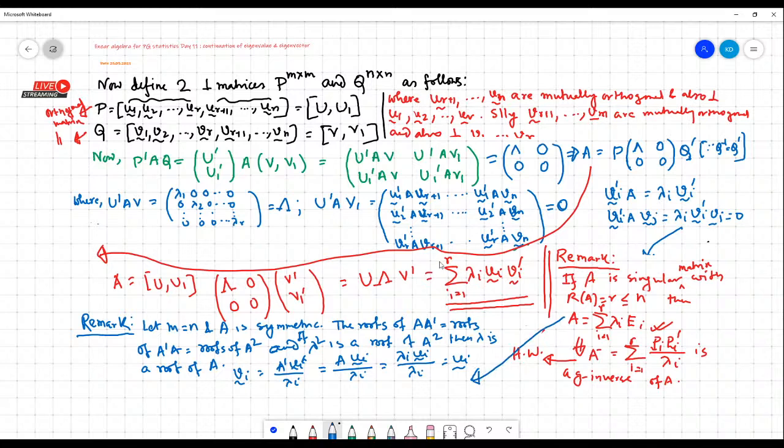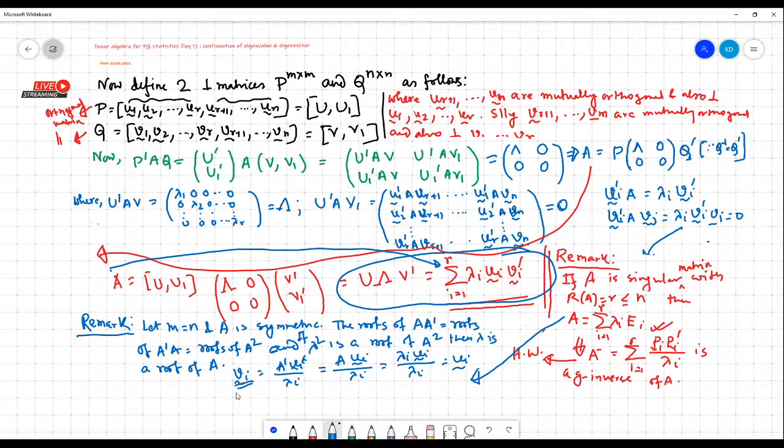In general you write A equal to the sum over I from 1 to r of lambda Ui curl Vi curl prime, where A is a real matrix.